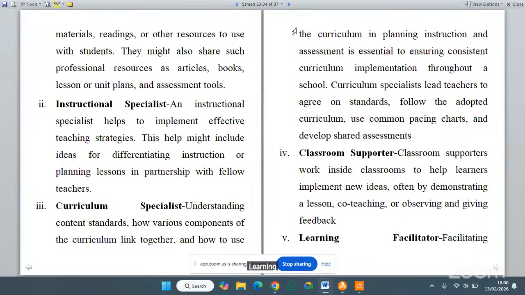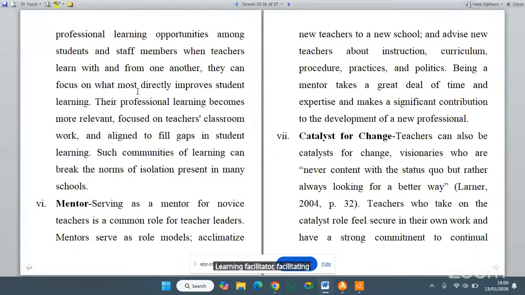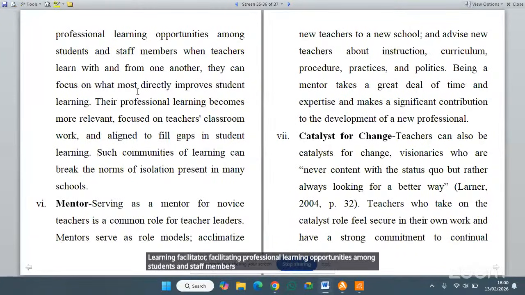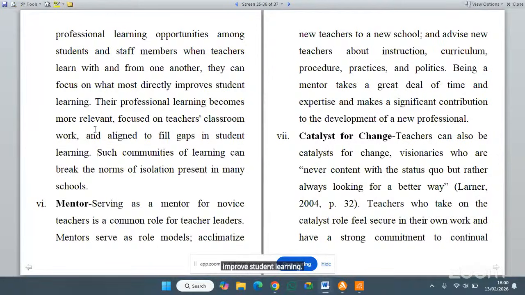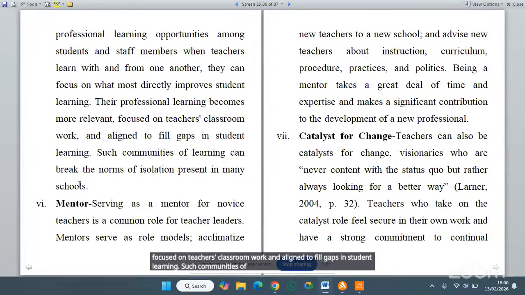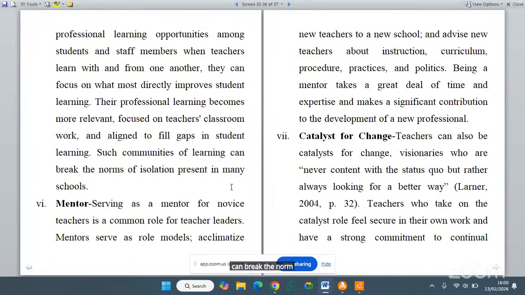Learning facilitator, facilitating professional learning opportunities among students and staff members. When teachers learn with and from one another, they focus on what most directly improves student learning. Their professional learning becomes more relevant, focused on teachers' classroom work, and aligned to fill gaps in student learning. Such communities of learning can break the norms of isolation that are present in many schools today.